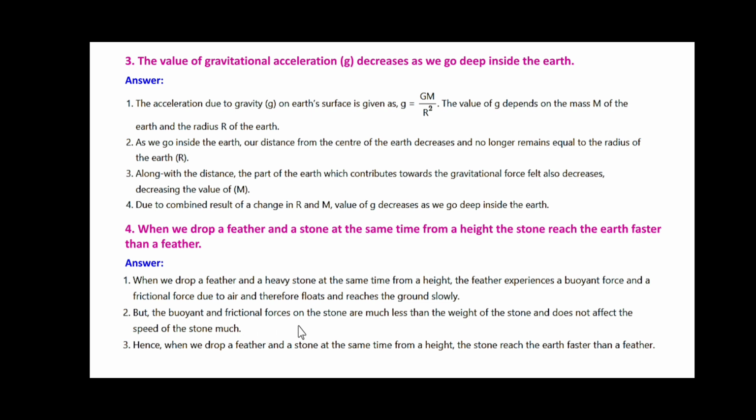But the buoyant force and the frictional force on the stone are much less than the weight of the stone and do not affect the speed of the stone much. Hence, the stone reaches the earth faster than the feather.